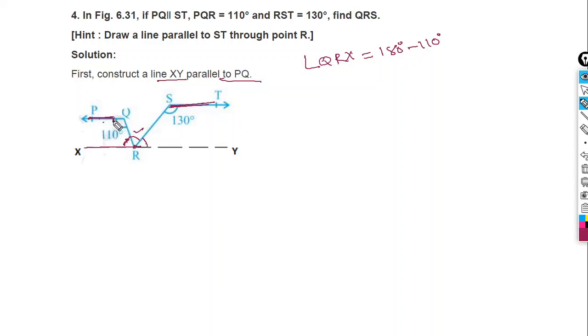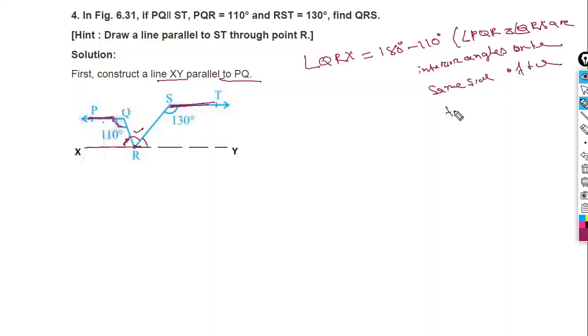Because angle PQR and angle QRX are interior angles on the same side of the transversal.